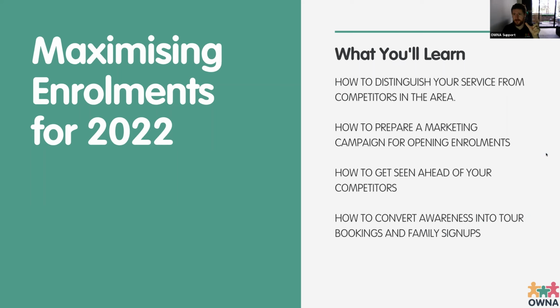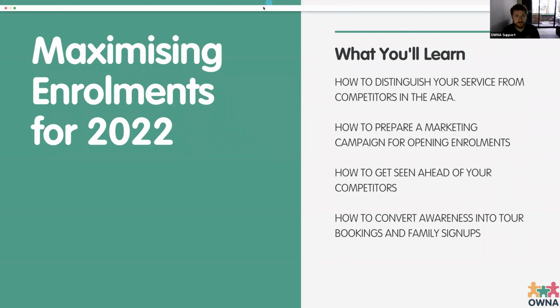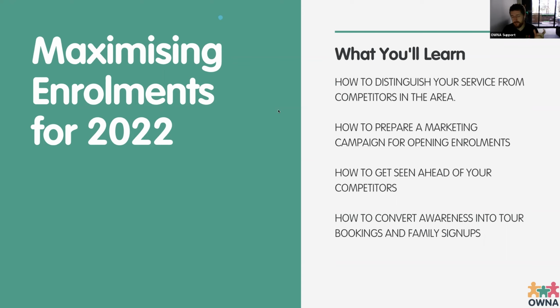I think that term, campaign, can seem a little bit scary sometimes, but it's not as intense as it probably seems. It's just about setting up how to get people to enroll. Then we're going to look at how to get seen ahead of your competitors and build that awareness, and then move on to converting that awareness into signups, re-enrolments, and all that kind of stuff.